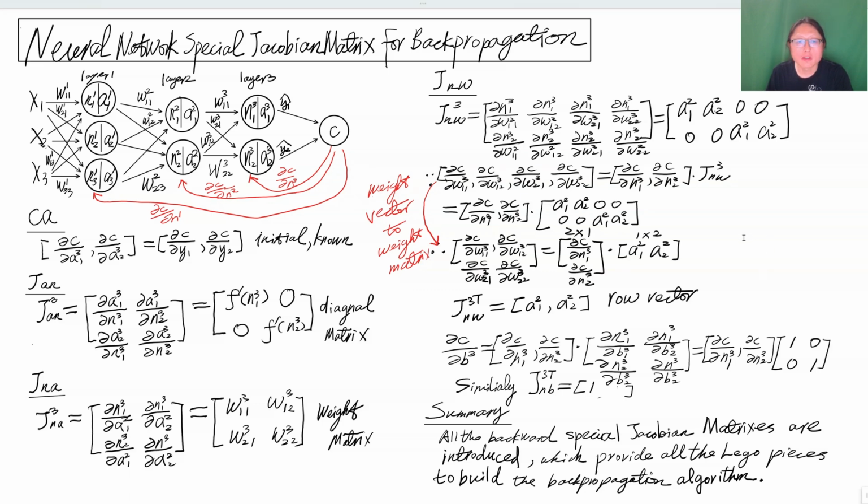That's all of it. You can see we got the partial derivative of the cost with respect to the last layer's output, which is kind of annoying, as I mentioned at the beginning. Then we have the Jacobian matrix between the neuron output and the net input, and the Jacobian matrix between the last layer's output and the next layer's net input.